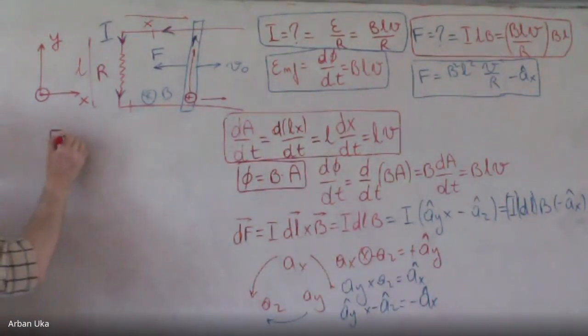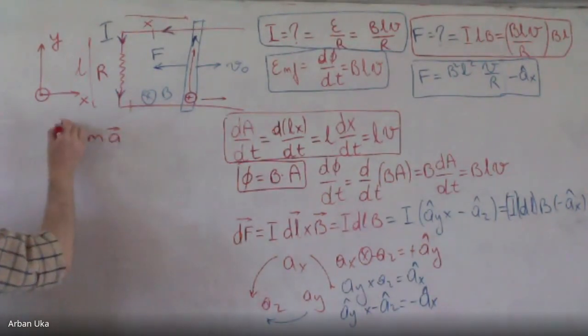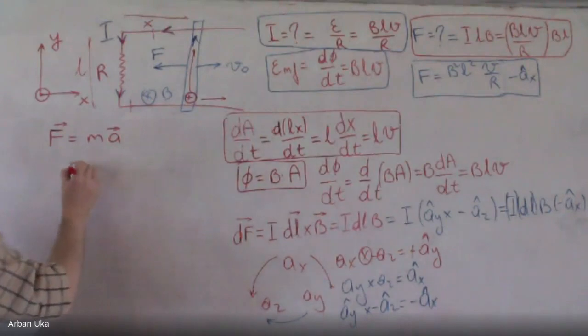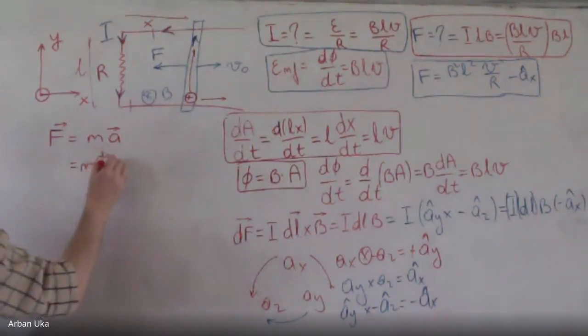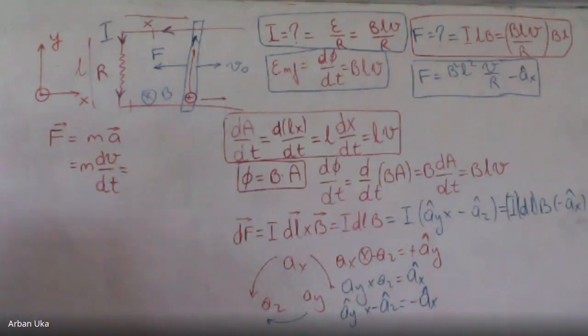The force is equal to mass times acceleration. So this is going to be equal to mass times the rate of change of the velocity with respect to time. Okay? This is equal to the force.